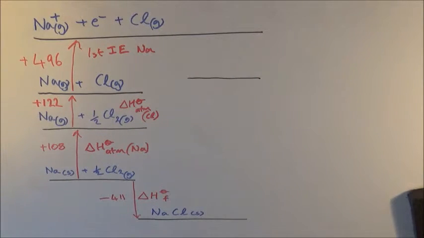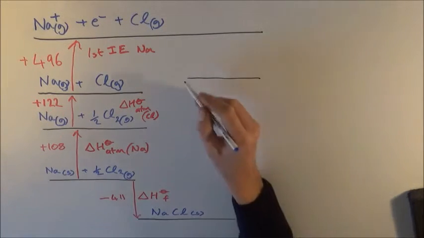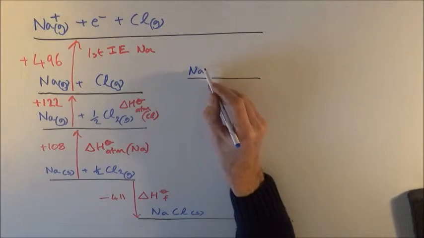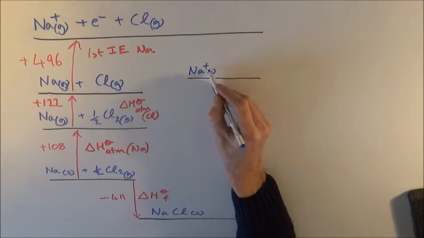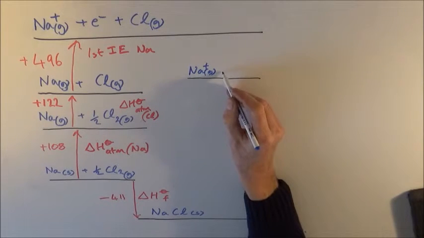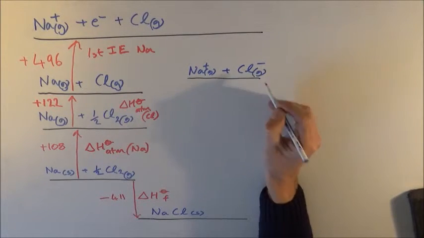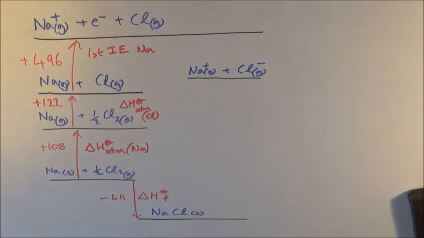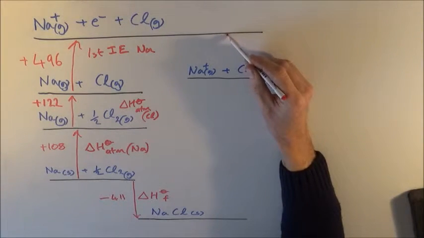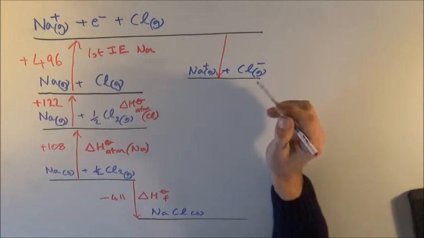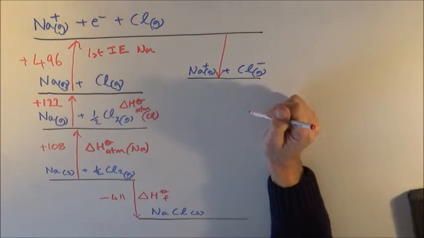If I write in what we've formed, the sodium ion is not changing in that step. All we're doing is making a chloride ion. The enthalpy change there, the definition you need to know, is called the first electron affinity of chlorine.